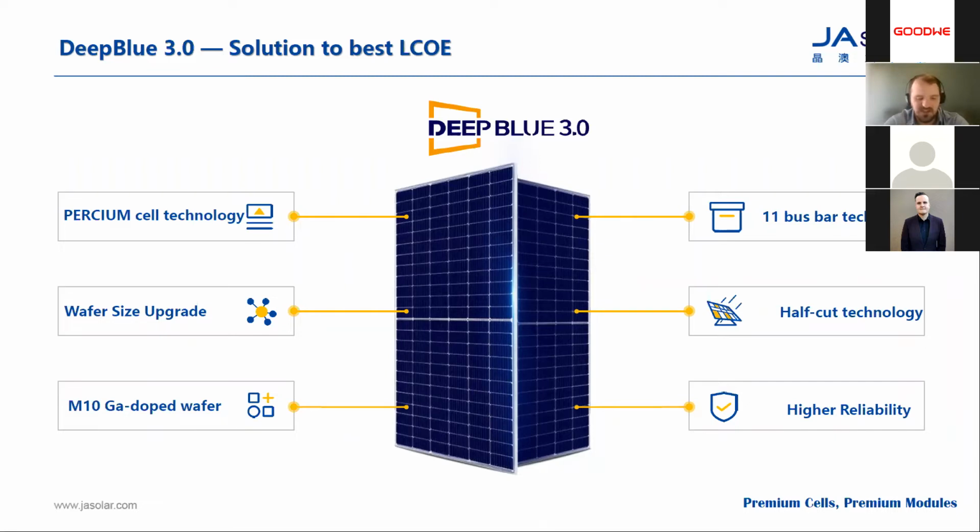So essentially, each cell is split in order to limit factors like shading, for example, and to have better power output. Obviously, the big one is the cell sizing upgrade. So as I was saying, as technology has increased and as the larger power classes have become more popular, cell sizes have increased all the way up to 182, and 210 is sort of the new hot topic at the moment.